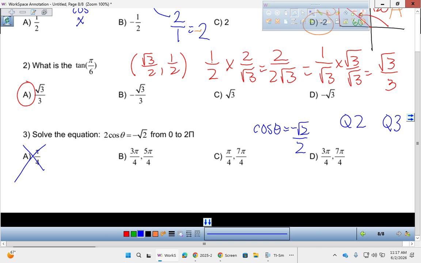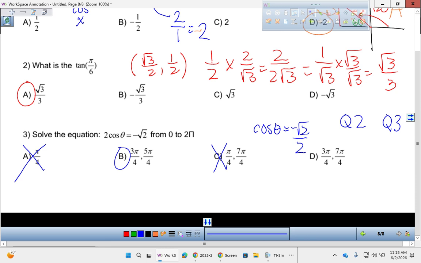Well, that is in quadrant 1, so it's not that one. So it looks like the difference is 7 pi over 4 and 5 pi over 4. Well, 5 pi over 4 is 1 1/4, and 7 pi over 4 is 1 3/4. Which one of those two things is in quadrant 3? 1 3/4 is in quadrant 4 because it's bigger than 1.5, right? So I know that the answer is this, and I didn't do any work.